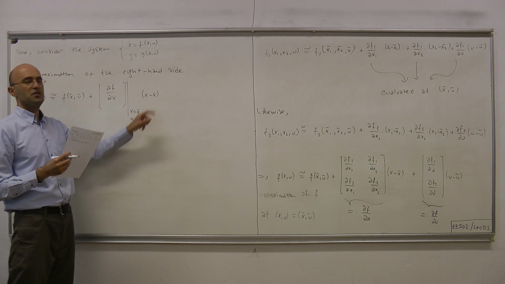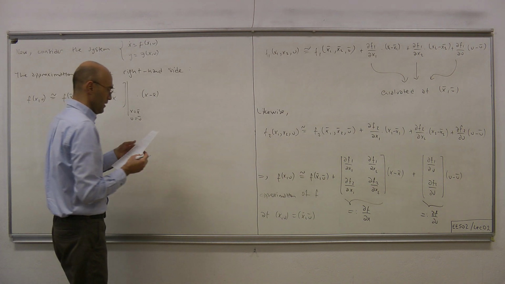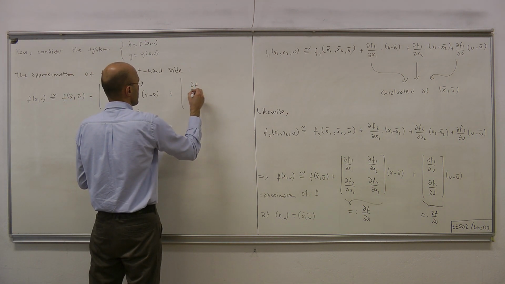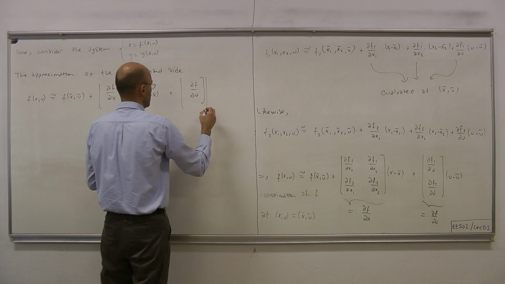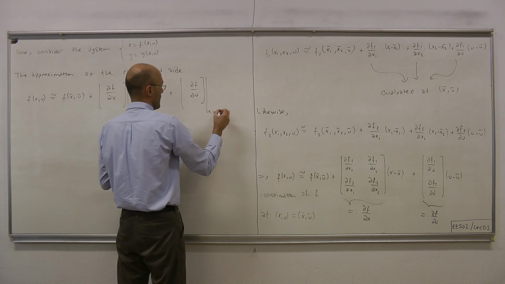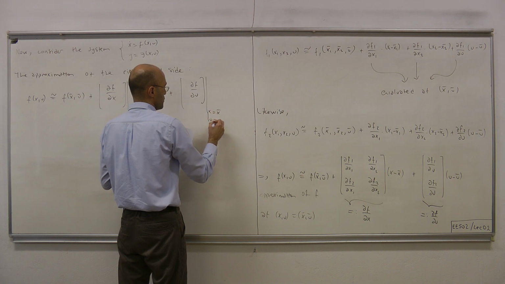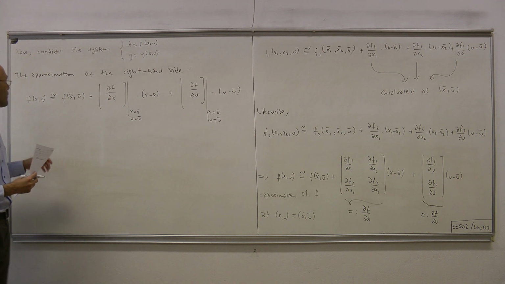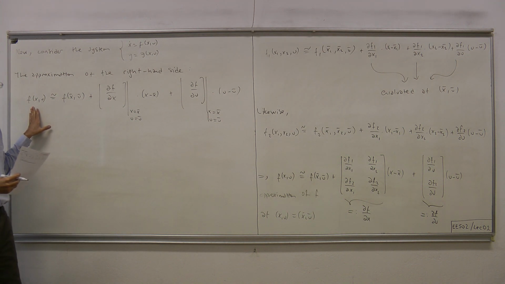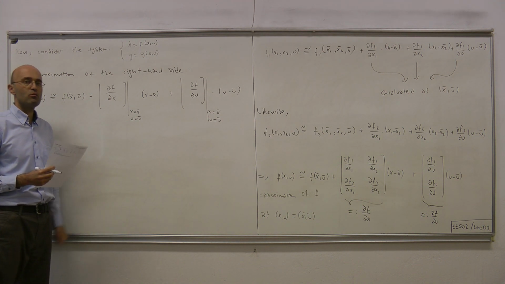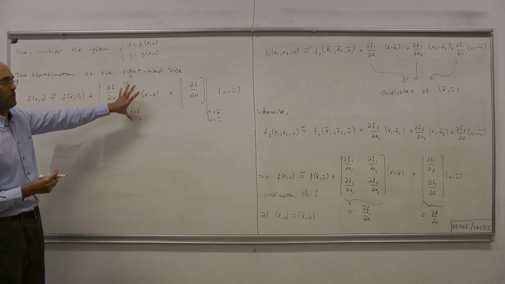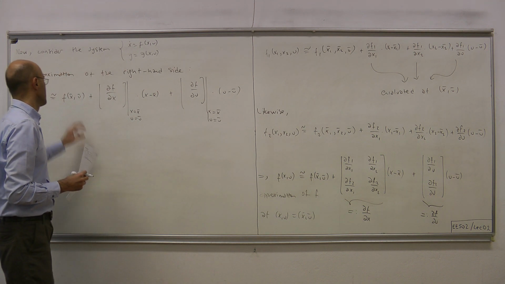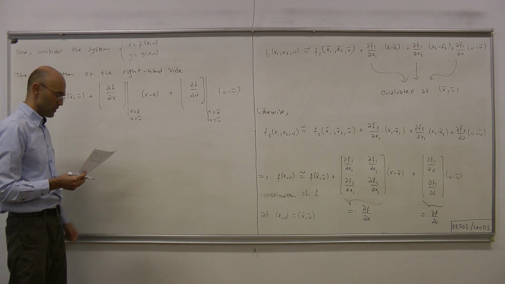This is variable and this is fixed. And plus partial f, partial u, evaluated at, as before, x equals x bar and u equals u bar, times u minus u bar. So f of x, u for points close to x bar, u bar in space can be approximated, assuming that all the derivatives exist, by this expression.